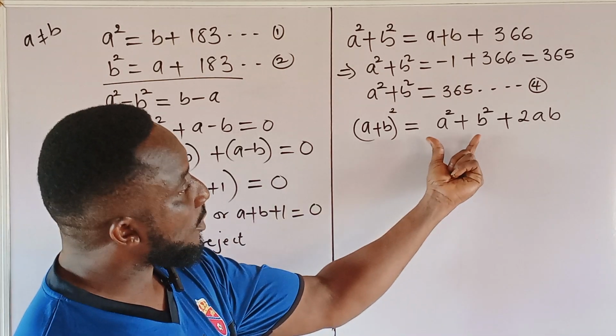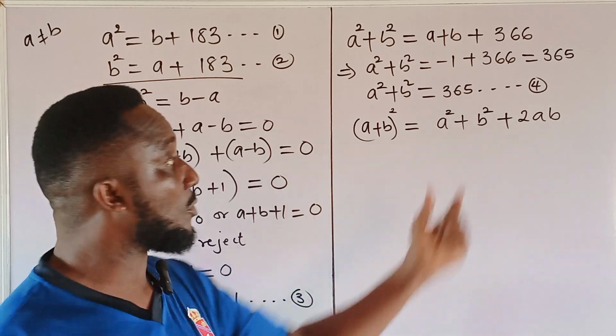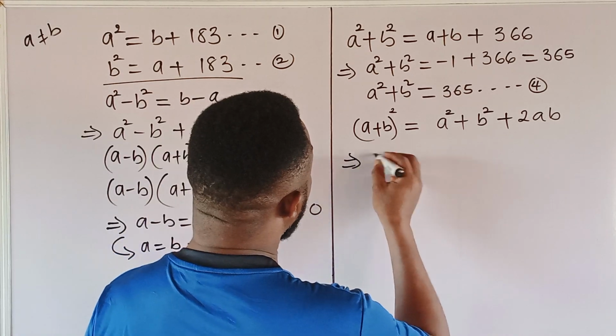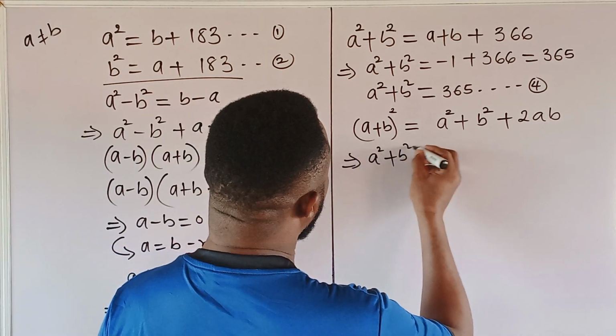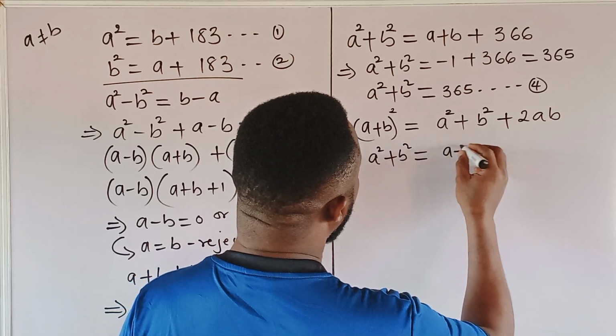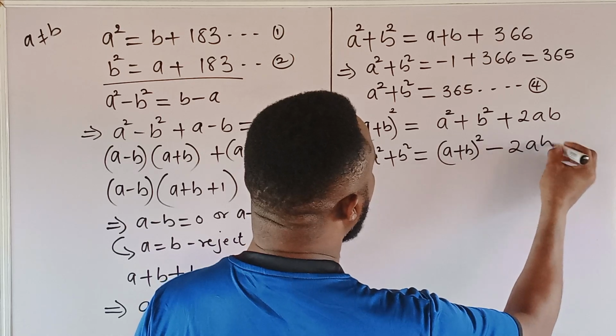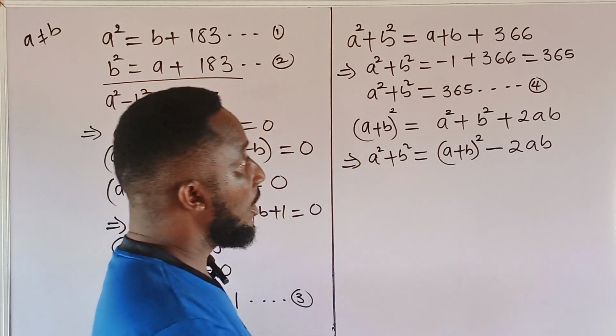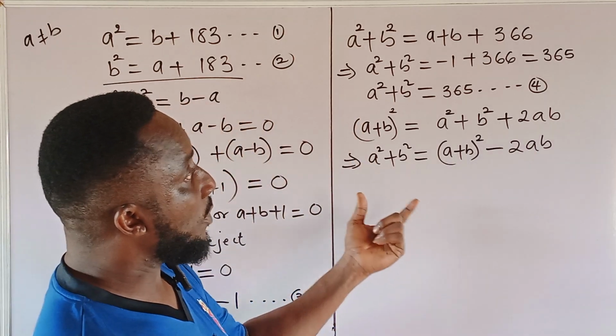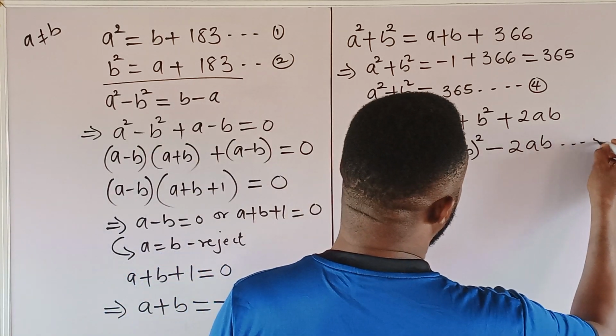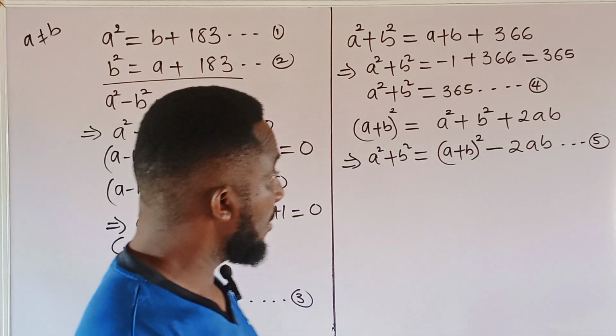If I decide to isolate A squared plus B squared, I'm then going to have A squared plus B squared equal to (A plus B) whole squared minus 2AB. Then I can even call this equation number 5 for clarity.